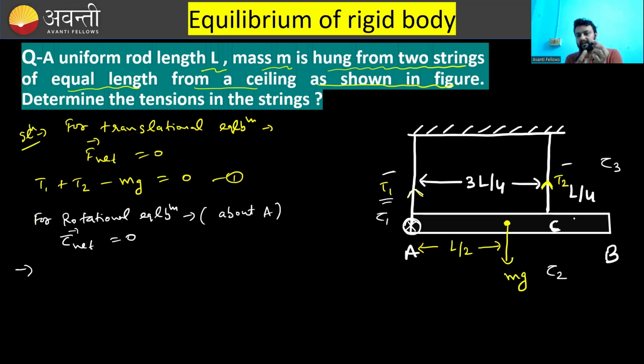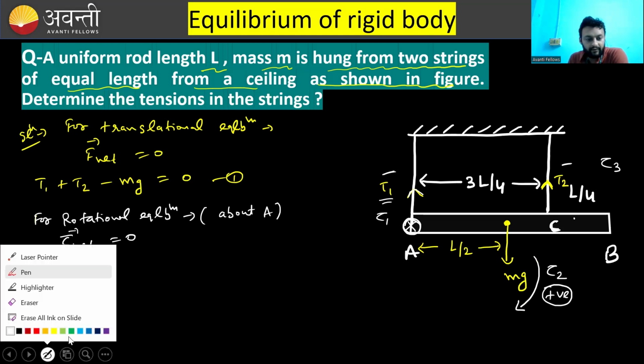If mg is acting here, the rod will definitely rotate in this direction. So mg will rotate the body in the clockwise direction. If you can see that, then it's quite obvious that tau 2 will be positive.